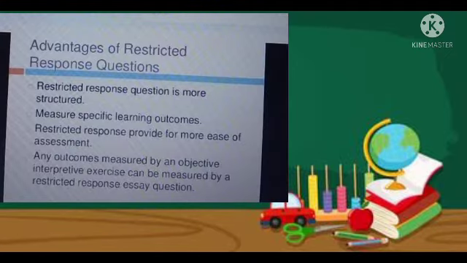The following are the advantages of restricted response. First, a restricted response question is more structured and measures specific learning outcomes. Restricted response provides more ease of assessment. Any outcome measured by an objective interpretive exercise can be measured by a restricted response essay question.